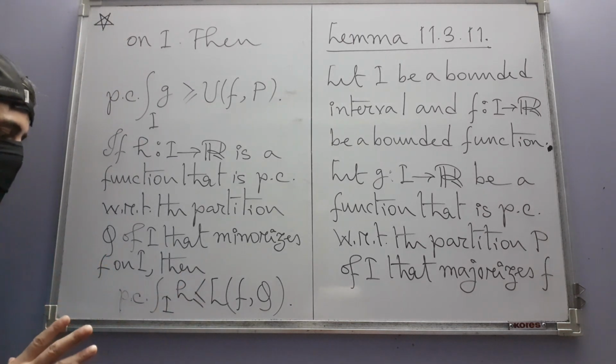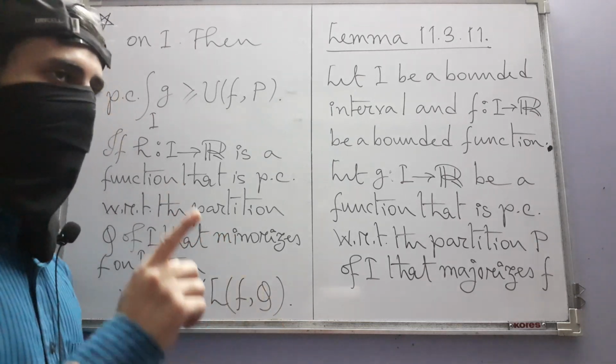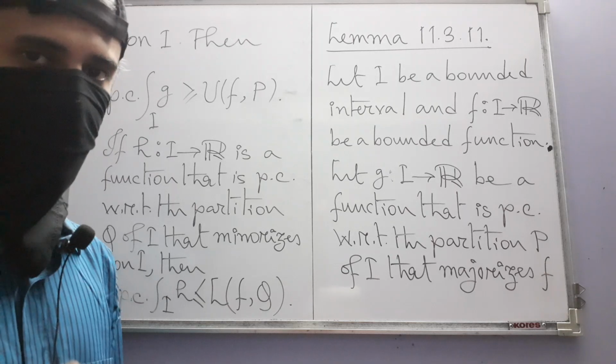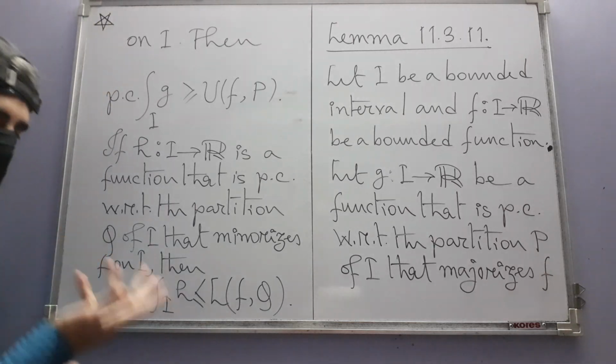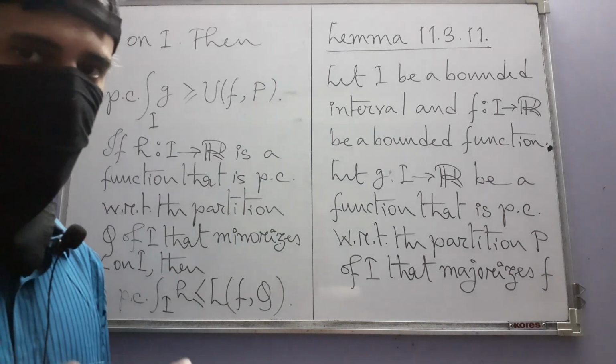So what I am trying to say is this: you recall the definition of upper Riemann integral and lower Riemann integral in terms of, obviously, piecewise constant functions, because that's the only thing we know at this stage.